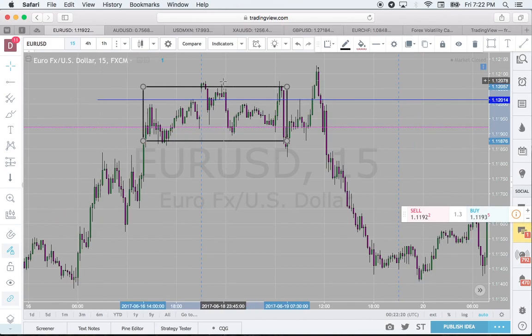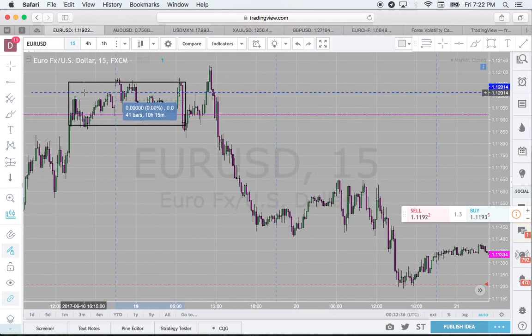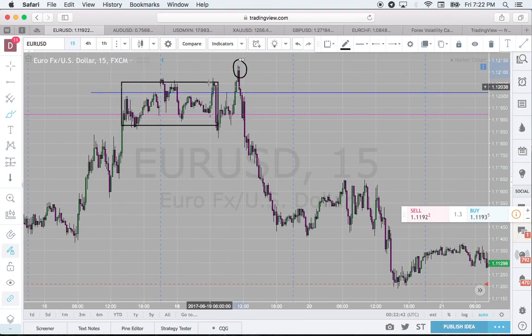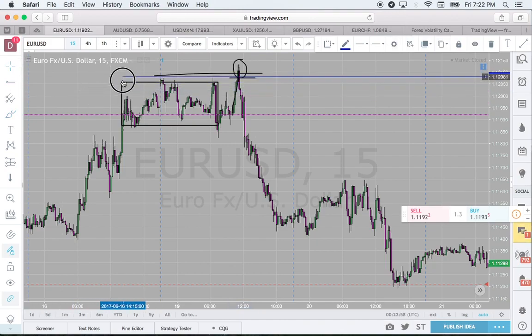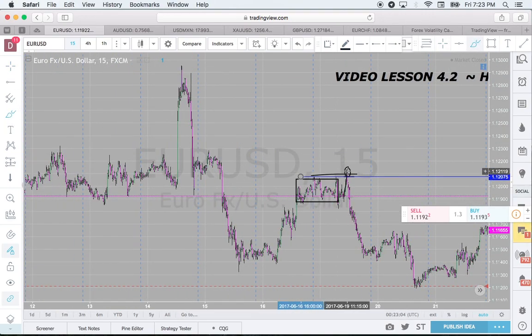So we can see the high was worked, and then after about 10 hours of consolidation, you can see that spike to the high to take out any sellers that had their stop losses above the high and induce breakout traders to buy that breakout of this new weekly high, thinking that they were going to take it long here.